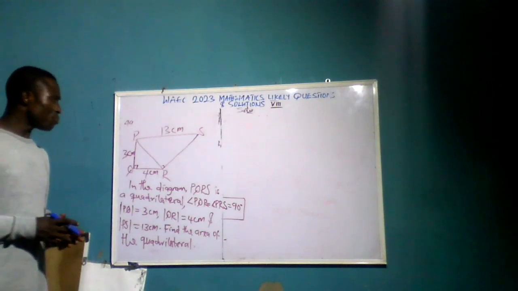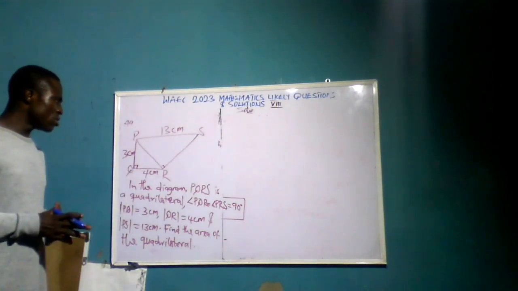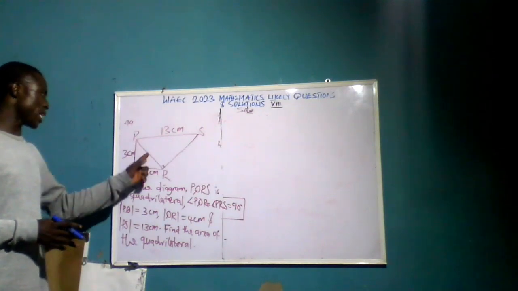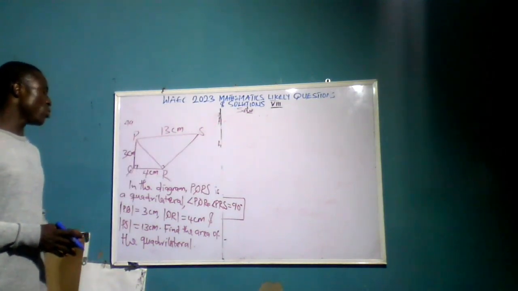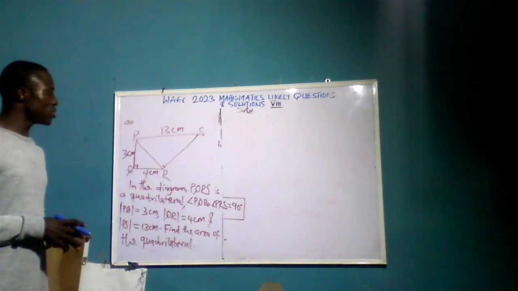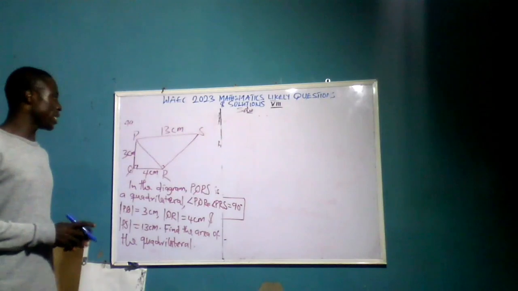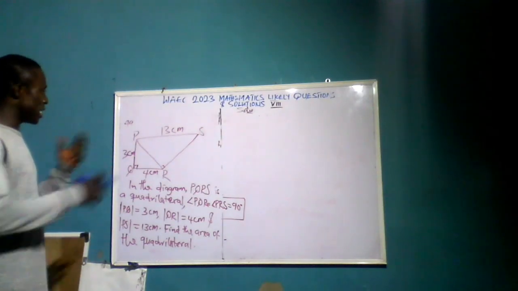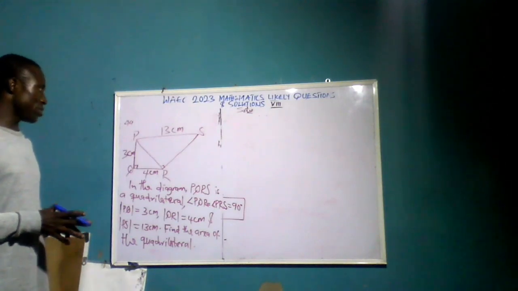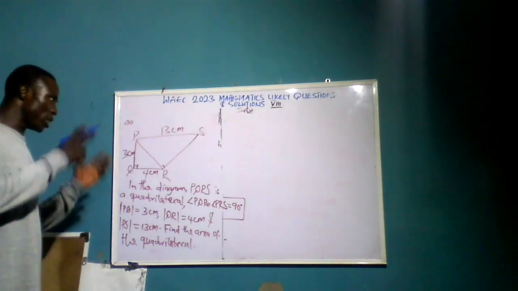Now, for you to get the area of the first triangle, that is the triangle PQR, you will have to get this side, that is the hypotenuse side. And if you want to get the area of the second triangle, we have to get the side RS. So going by that, let's start by finding out this side that we will be in need of.